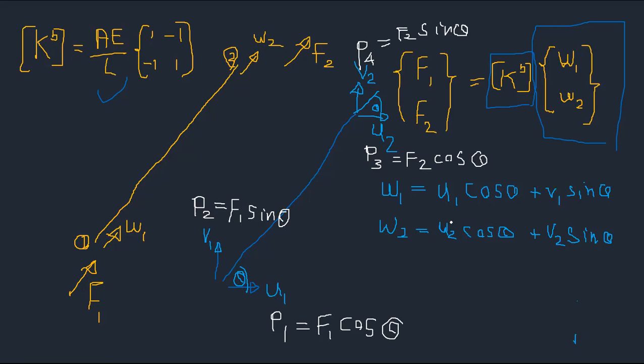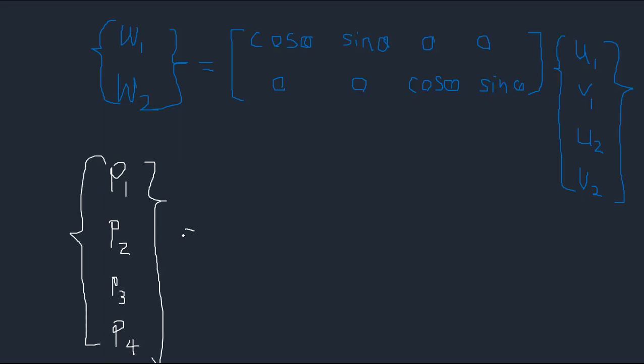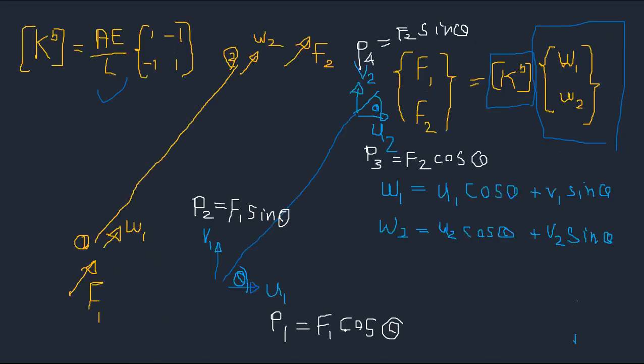So from this, you can write an expression. This is going to be P1, P2, P3, and P4, right, is equal to, so P1 is only from cos theta, right? So this is related to either F1 or F2.